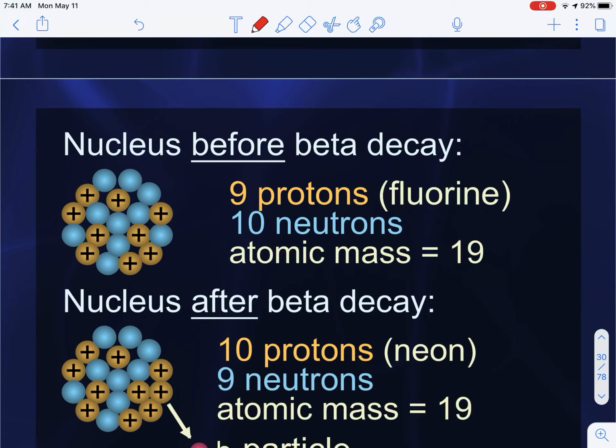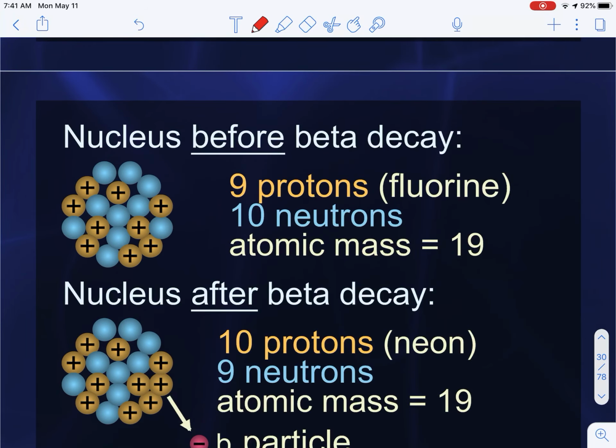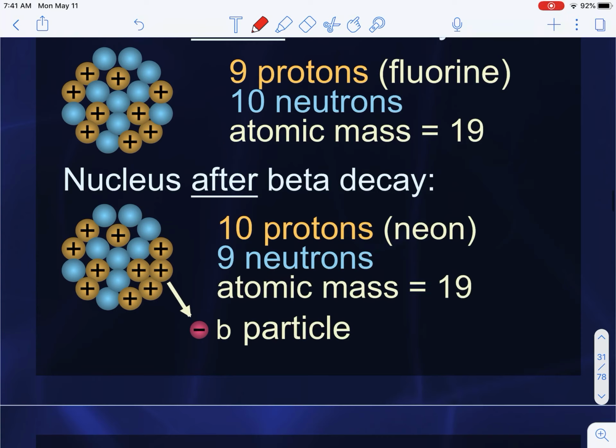So if fluorine goes through beta decay, this is what it looks like before, just like our alpha particle before alpha decay. You have 9 protons and you have 10 neutrons, and the atomic mass is 19. In this case, you end up with 10 protons and 9 neutrons, because one of these neutrons becomes what?